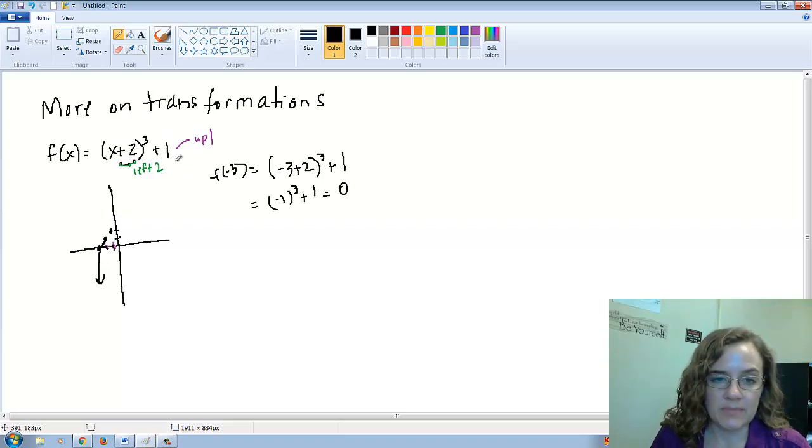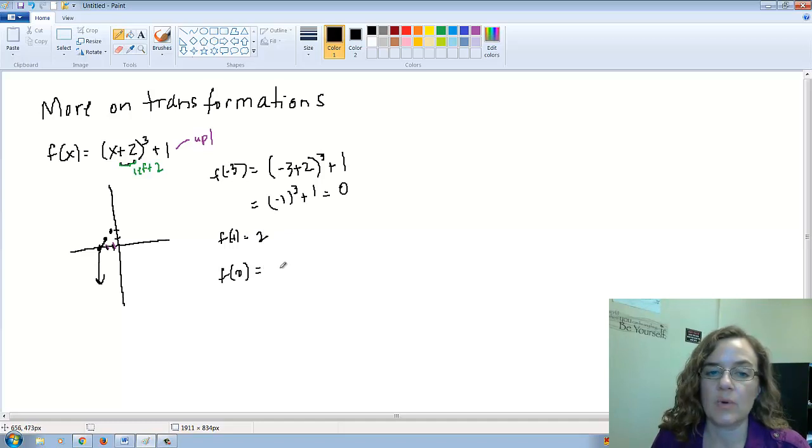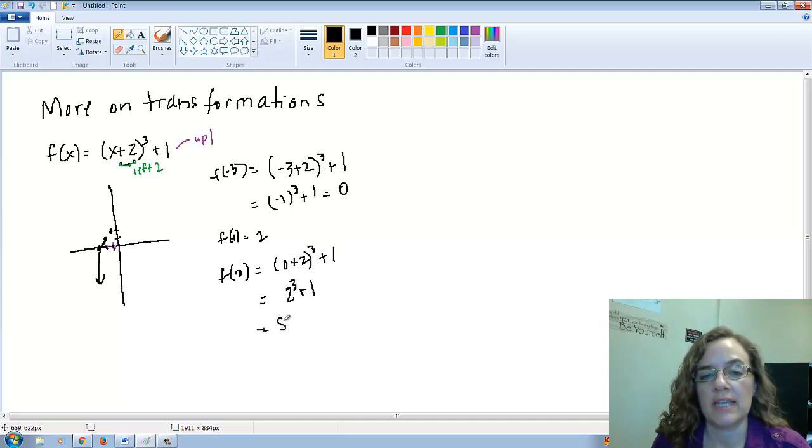At some point, sorry, that's -1, we're going to plug in 0, and that's going to tell us our y-intercept. This would be 0 plus 2 cubed plus 1. So that is 2 cubed plus 1, which is 8 plus 1, so we'll be up at 9.